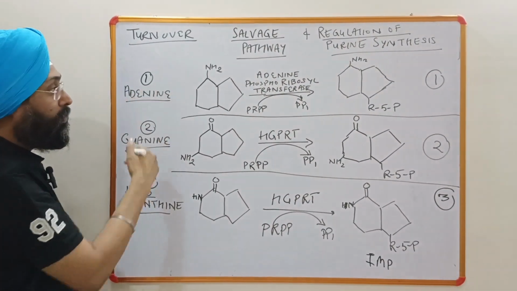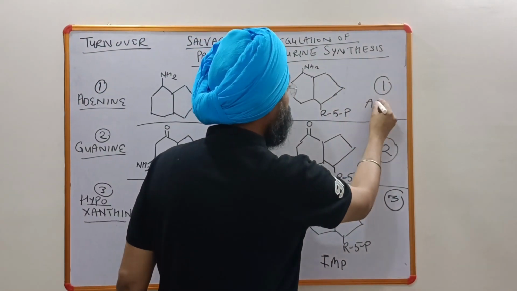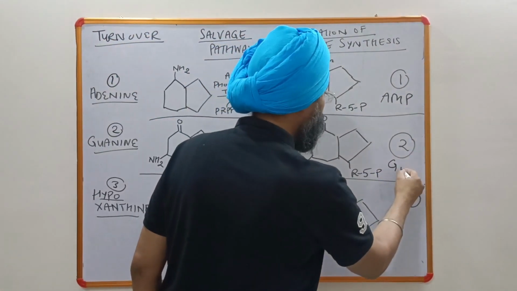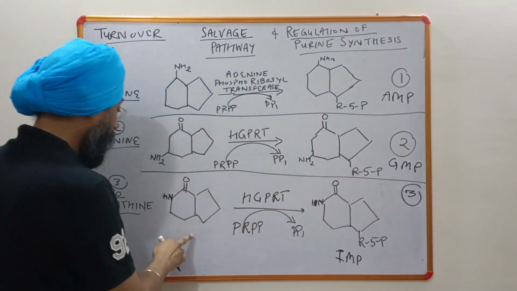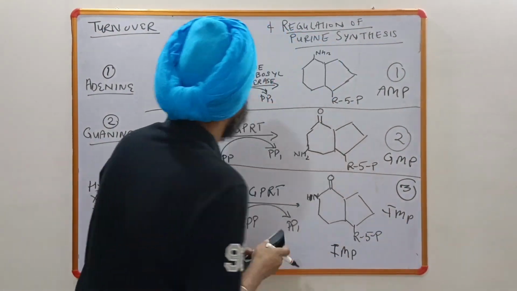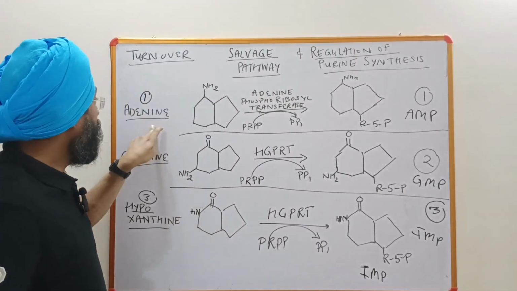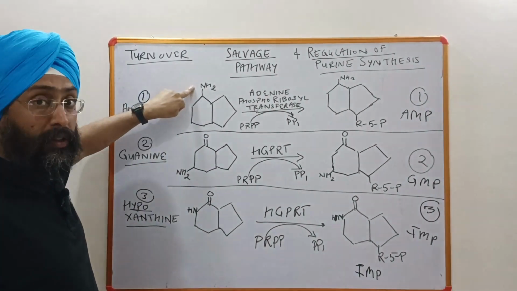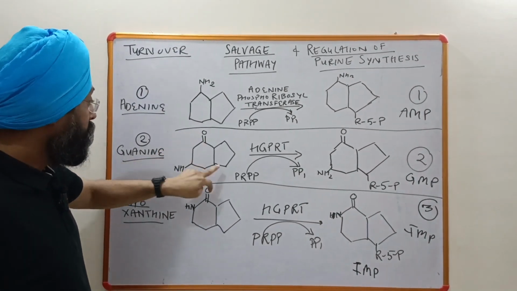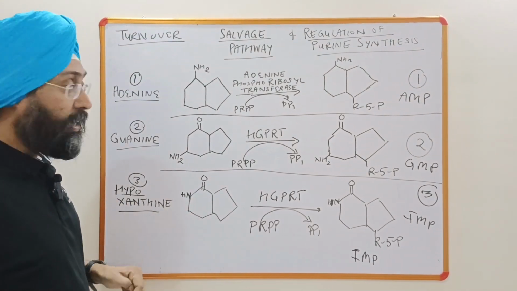They can be directly converted: adenine can be directly converted into AMP, guanine can be directly converted into GMP, and hypoxanthine can be directly converted into IMP by this salvage pathway, right? Adenine is 6-aminopurine, guanine is 2-amino-6-oxypurine, and hypoxanthine is 6-oxypurine.